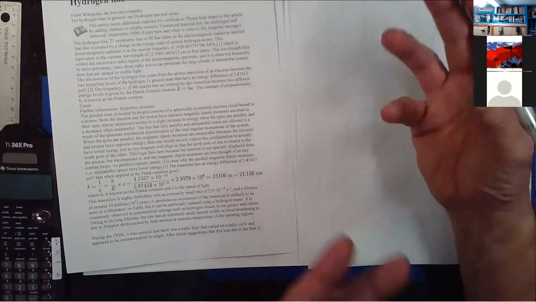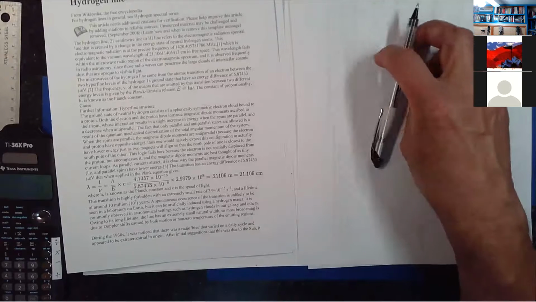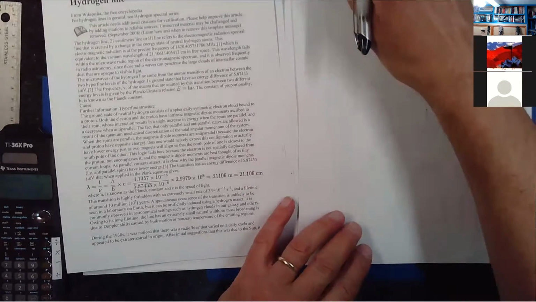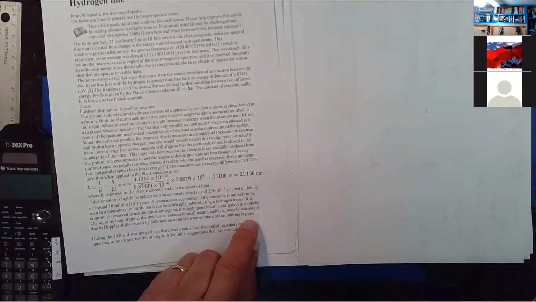And so it will experience the magnetic field of the proton, and the electron has a little magnetic moment all by itself, even if it isn't creating the magnetic moment for the hydrogen atom by orbiting.